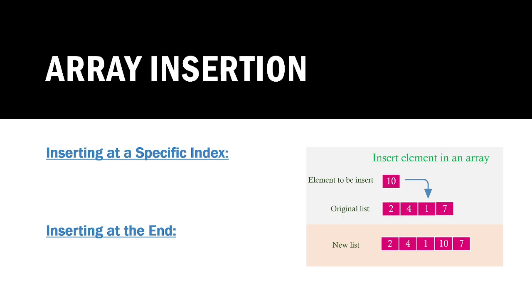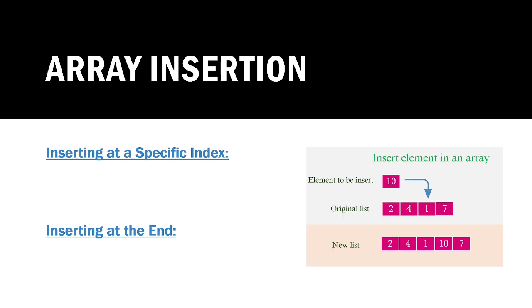Next operation is insertion. Array insertion is the process of adding an element or a set of specific elements in a specific position within an array. This operation often involves shifting existing elements to accommodate new data.